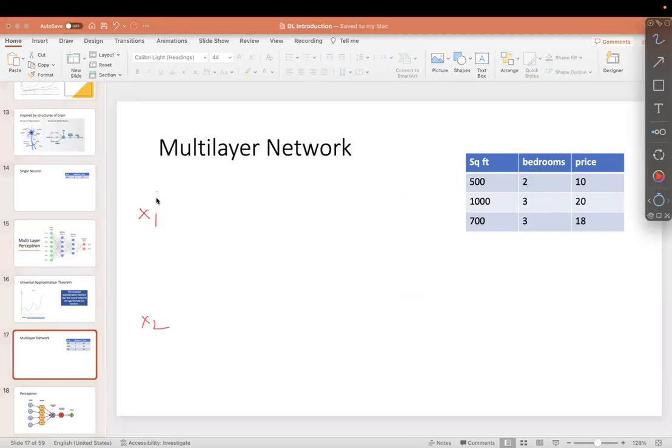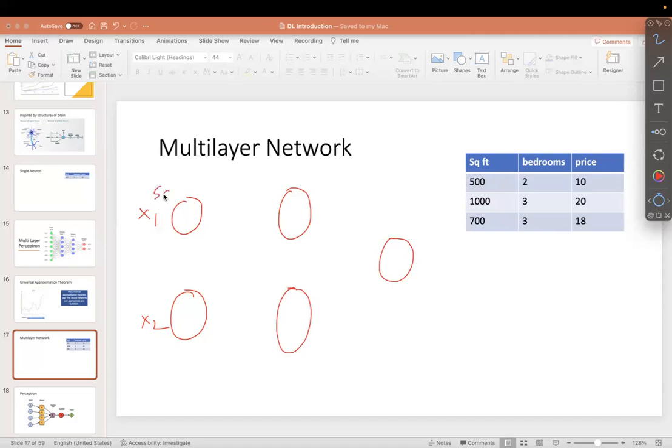X1 is your square feet and X2 is your bedrooms. Let's say two neurons are there, and then I'll build another hidden layer with two neurons. And then there is a layer called the output layer, right?